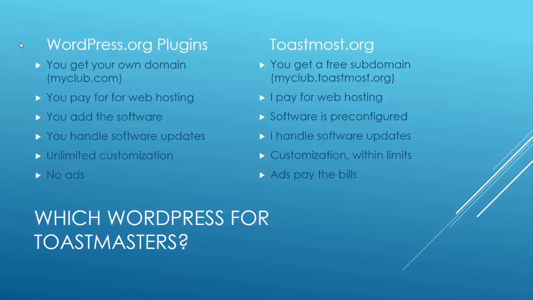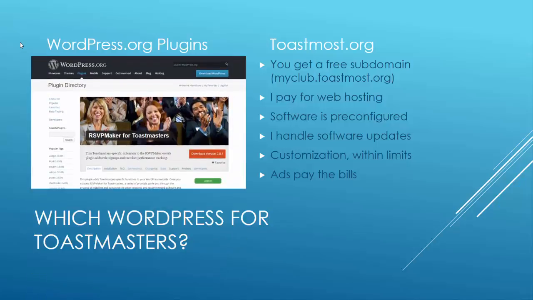You have some plugins that you can turn on, but not all the plugins that exist in the world. But in this case, I'm paying for the web hosting. I've got the software all pre-configured for you. I handle the updates. I give you options to customize within limits. And I'm looking for some kind of advertising or sponsorships to pay the bills. So far, still more looking for than finding.